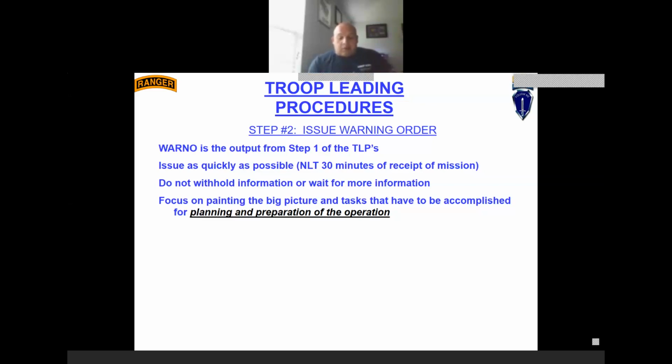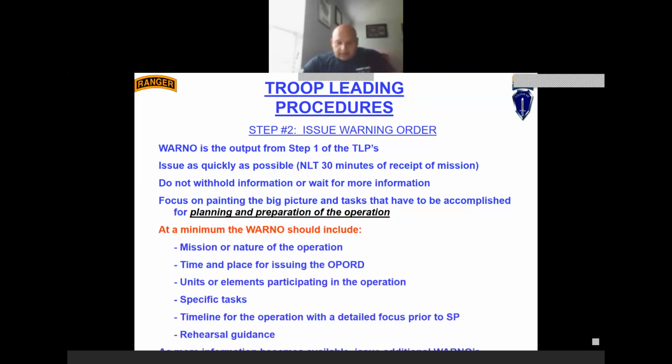At a minimum, the warning order should include the mission of the operation, the time and place to issue the op order, units and elements participating in the operation, specific times, specific tasks, and a timeline of the operation with detailed focus prior to SP and rehearsals. As more information becomes available, issue additional warning orders if time allows.